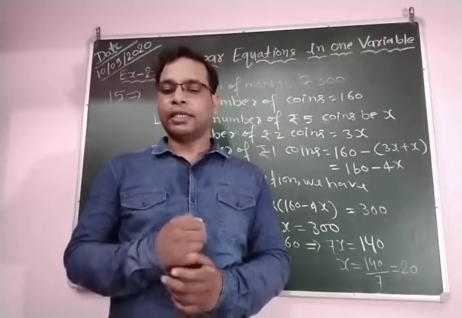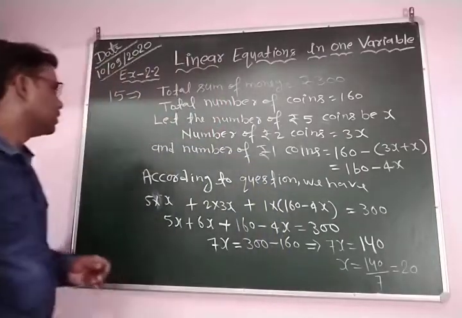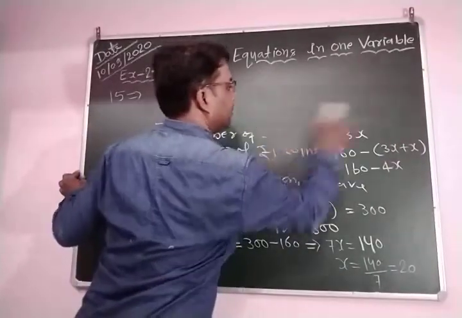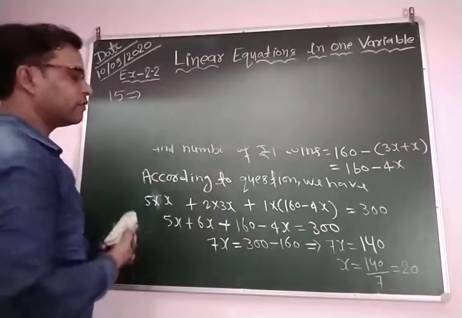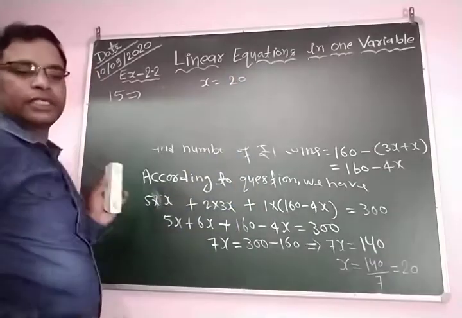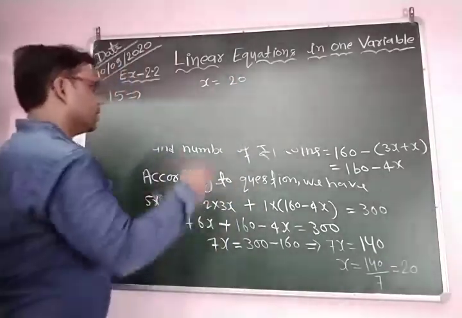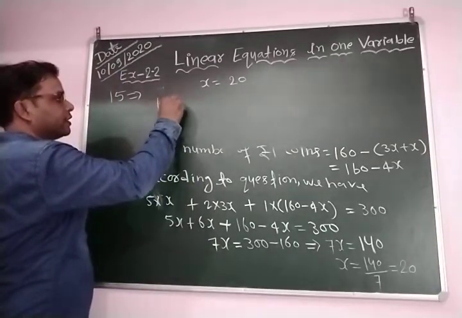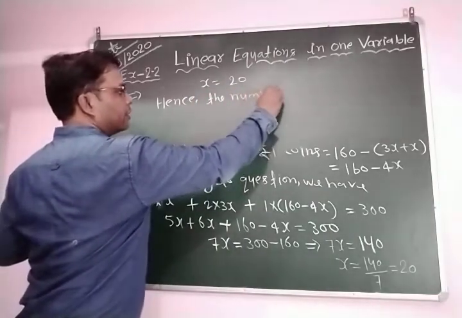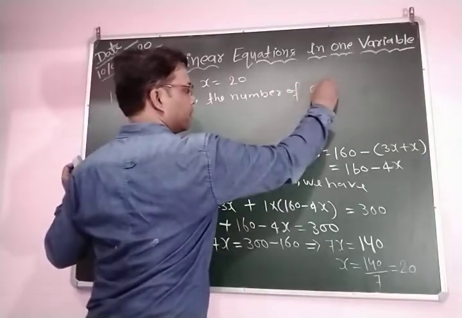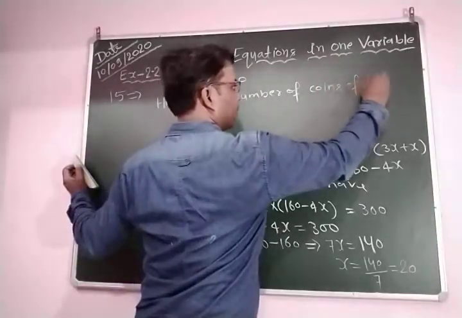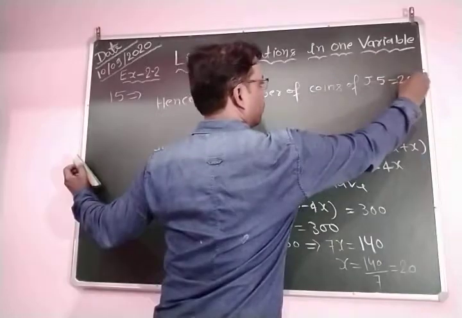So in this way we find the number of coins of 5 rupees. Because we find the value of x is equal to 20, and x is the number of coins of 5 rupees, hence the number of coins of rupees 5 is equal to 20.